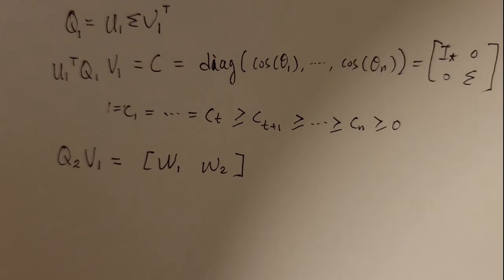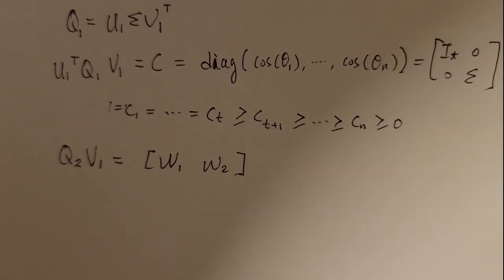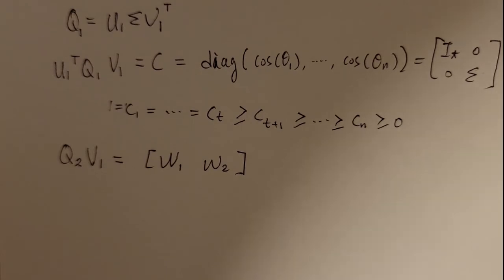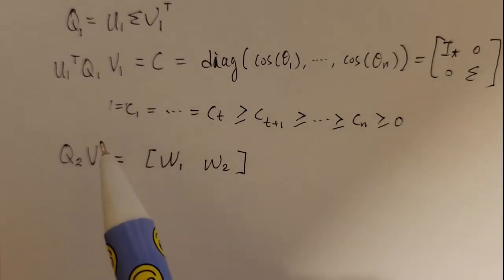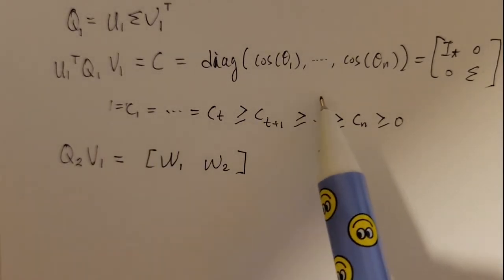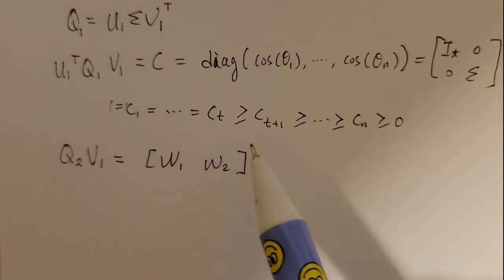By assuming matrix C is a diagonal matrix with cosine theta 1 through cosine theta n, we're also going to assume that cosine theta 1 is C1, and cosine theta 2 is C2, and so on and so forth.